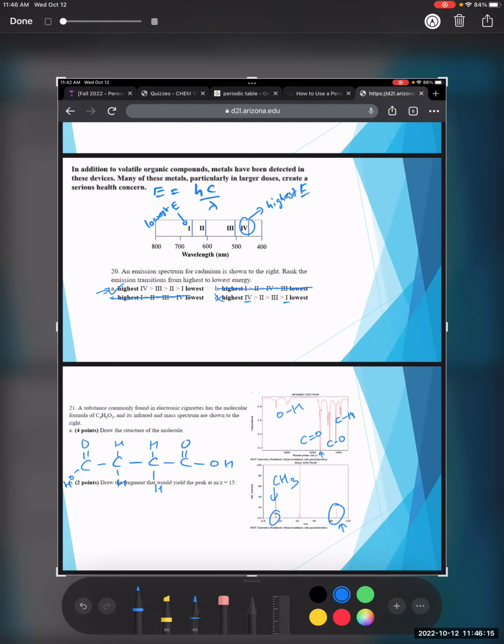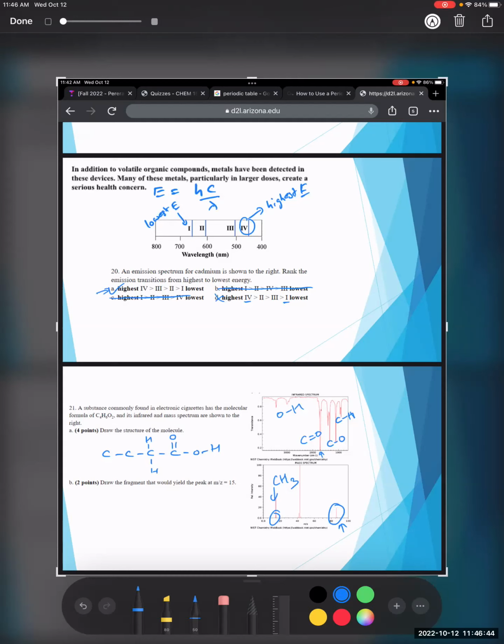No, I have more oxygens than I need here. Actually, this cannot be the answer. We only have 2 oxygens, so I didn't notice that before. So let's say that we have 1, 2, 3, 4, double bond O, OH, hydrogen, hydrogen.